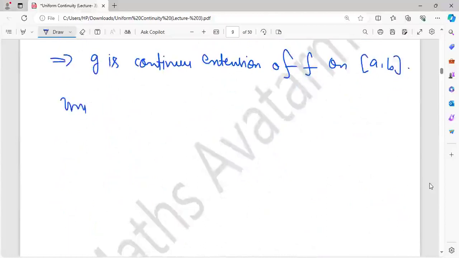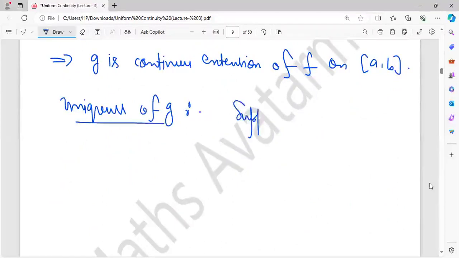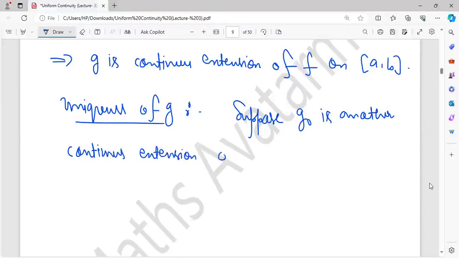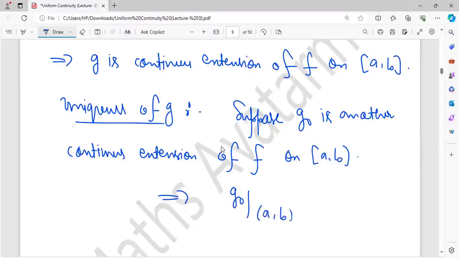Suppose, for uniqueness of g, that g0 is another continuous extension of f on (a, b). Then the extension g0 on the open interval (a, b) will be f.